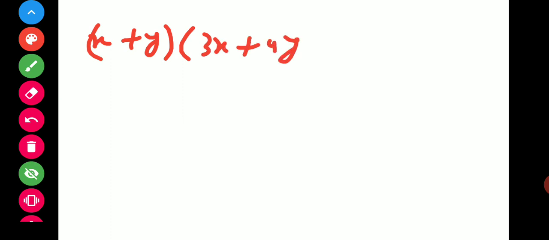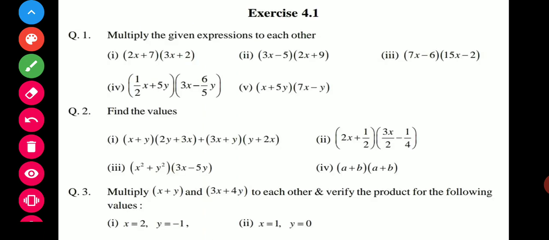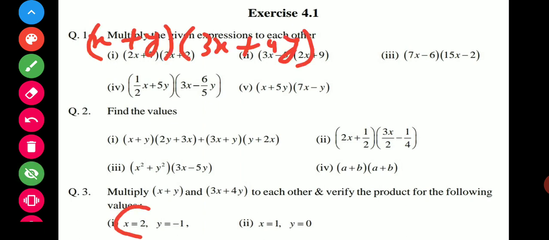First one is x plus y, and here is 3x plus 4y. Here the values, the first values, that is x is equal to 2 and y is equal to minus 1. x equal to 2 and y equal to minus 1. So how can we solve this?